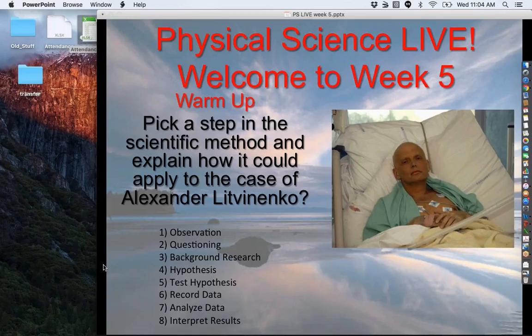So how could that apply? Elizabeth Day, how would you test a hypothesis? All right, I want you to talk about how these things apply to the case itself. That's a good definition, Joshua. So I'll repeat myself: pick a step in the scientific method, one of these 8 steps, and explain how it would apply or could apply to the case of Alexander Litvinenko.